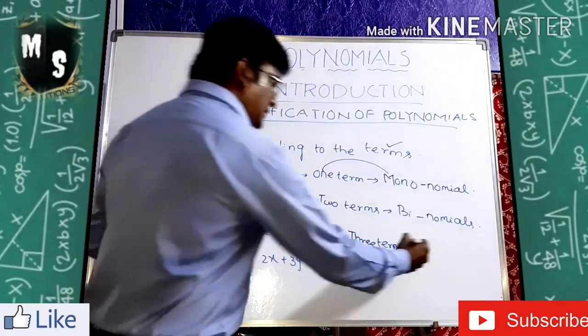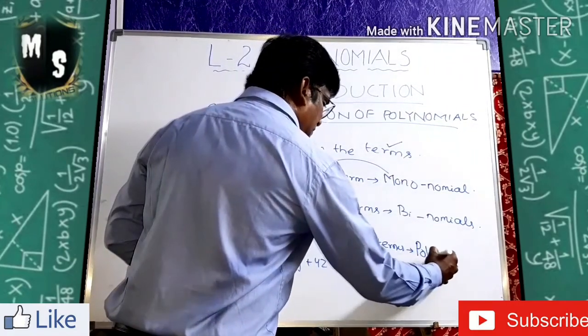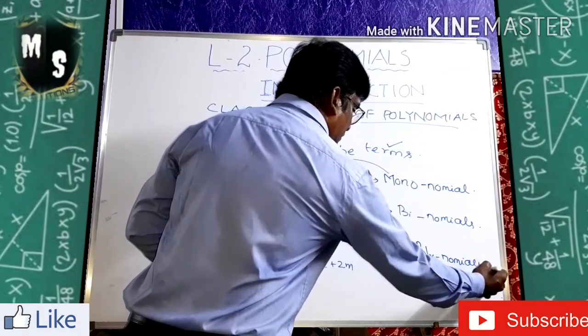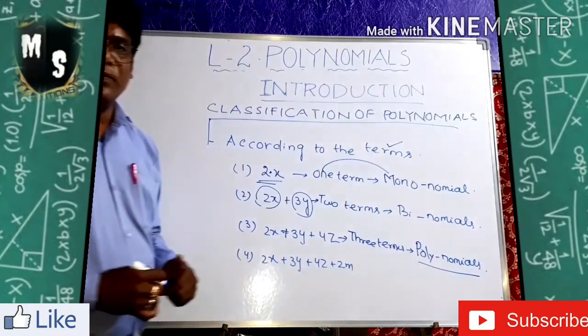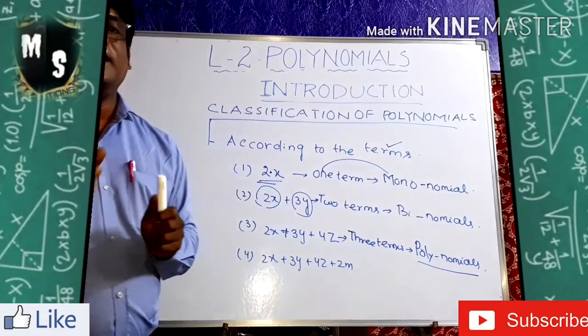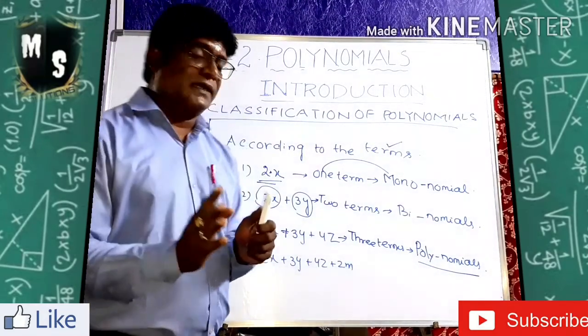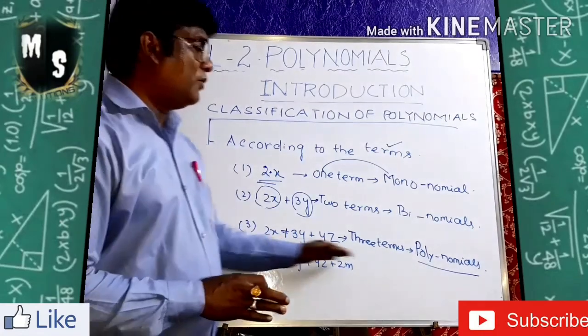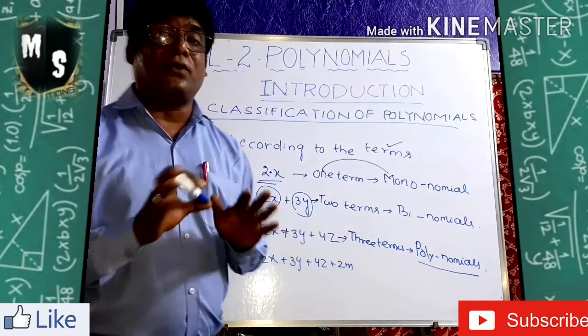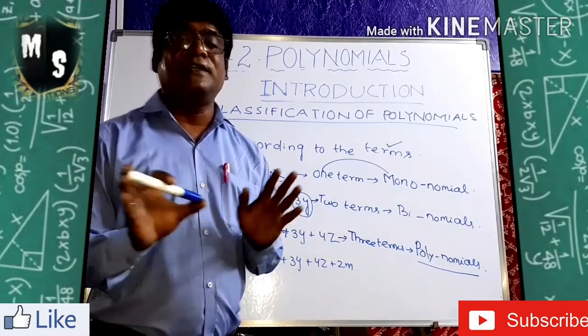Poly and terms means nomials. Now it is called as a polynomial. Now you understand what is polynomial. If the terms are exceeding 2 terms, definitely that expression is called as a polynomial. Clear? It is trinomial, but we can call them as polynomial because it is exceeding 2.